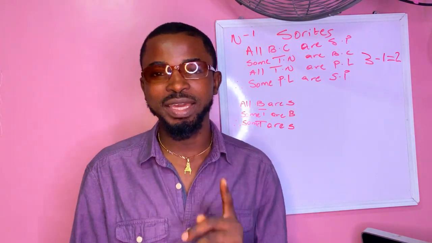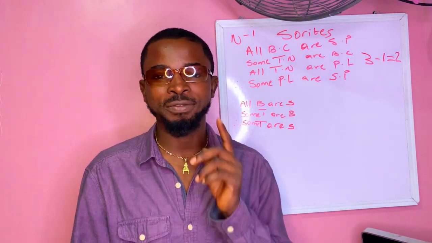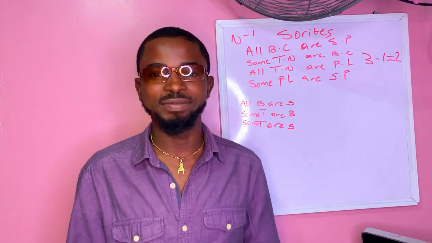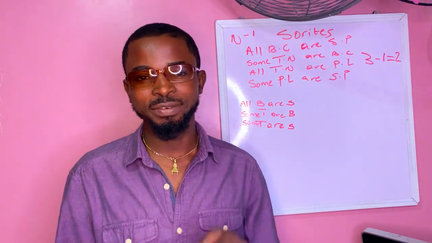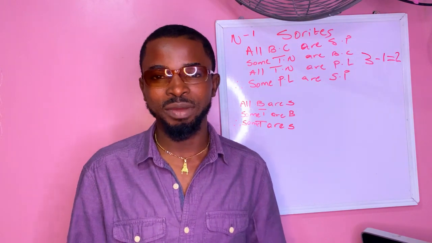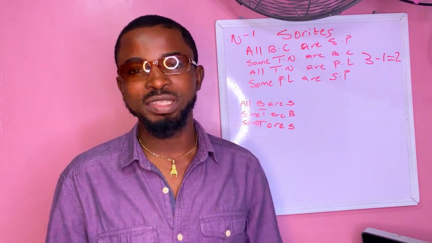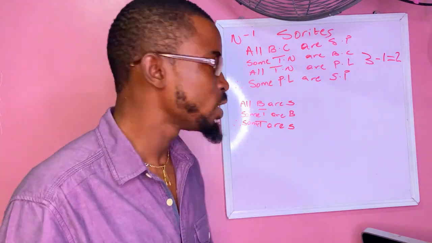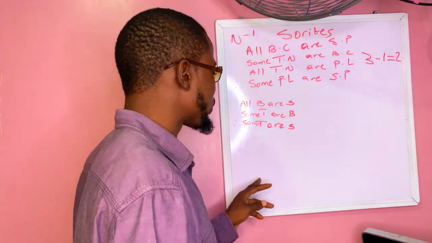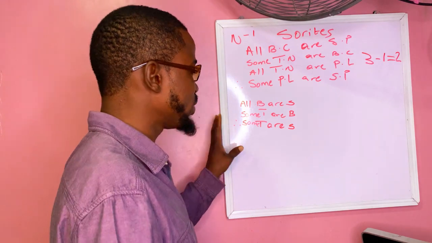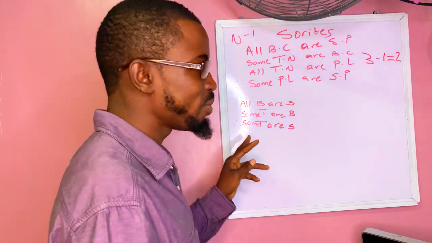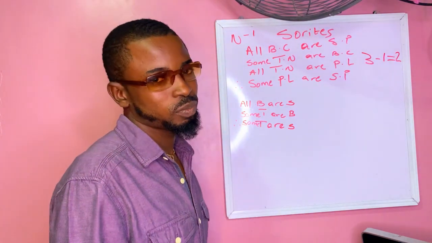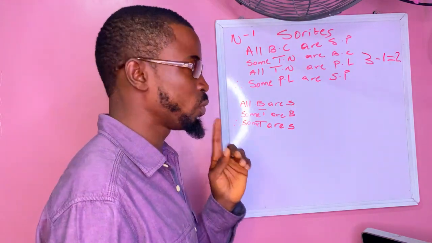But if there's already one negative in the premise, let's say in a situation whereby we have one negative and one affirmative, then the conclusion has to be negative. But if the premises are affirmative and affirmative, then the conclusion has to be affirmative. If the premises are negative, the conclusion has to be negative. So the only time that the conclusion must compulsorily be negative is when the premise has at least one negative.